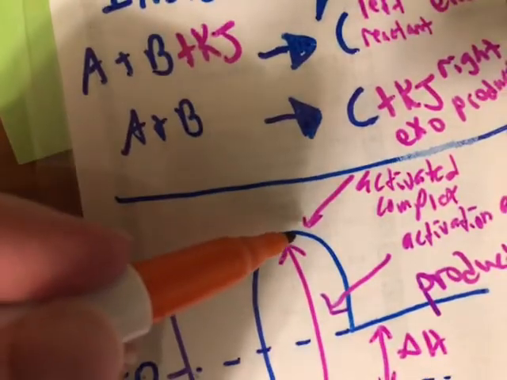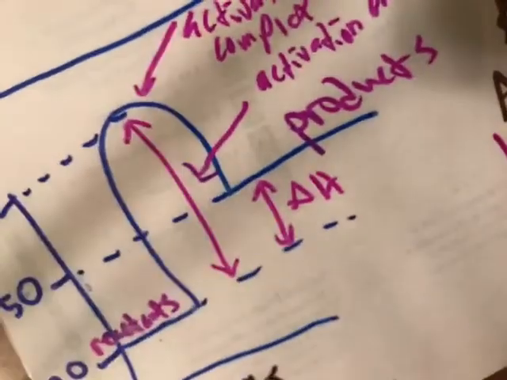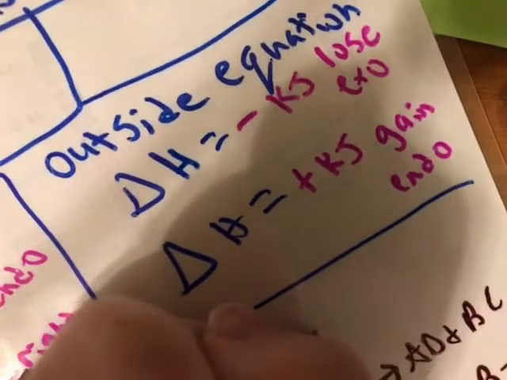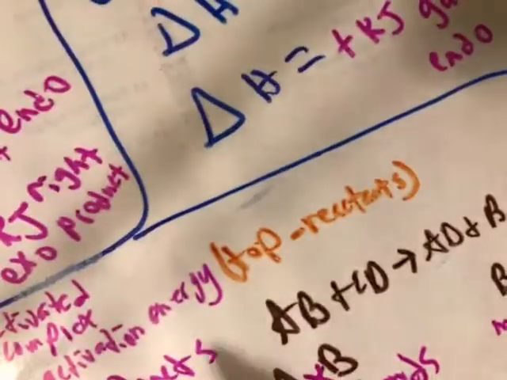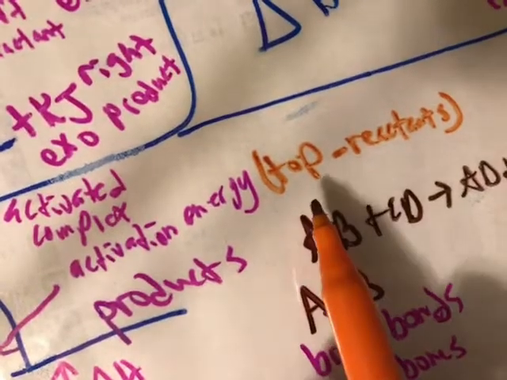The first one we talked about was the activation energy, and that's always going to be the top, so the activated complex. I'm going to just call it top for now because it's a lot smaller to say. Top minus the reactants, or where you start. So in order to figure out my activation energy, I just need to do top minus reactants.